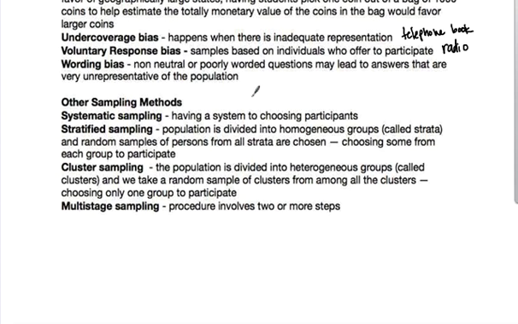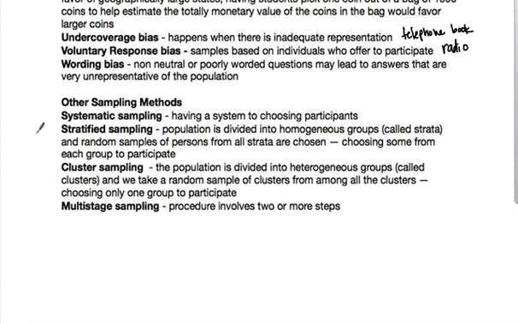Some other sampling methods that you might have are systematic sampling, which basically just means that you have a system for how you choose participants, whether it be that you give every person a number and then you randomly select a number. Stratified sampling means that your population is divided into homogeneous groups called strata, and random samples of persons from all strata are chosen.